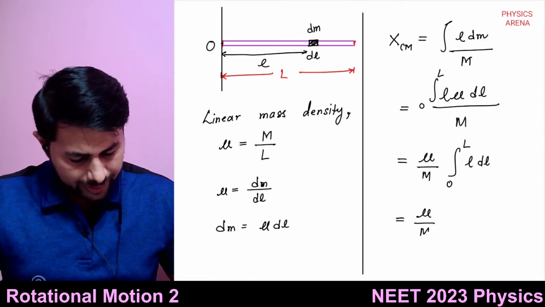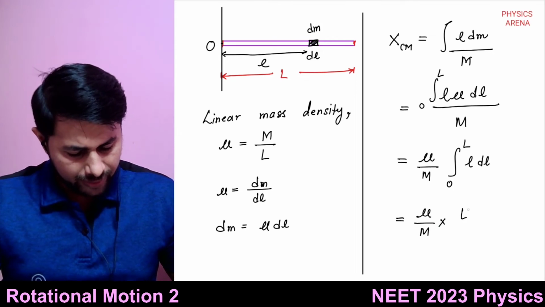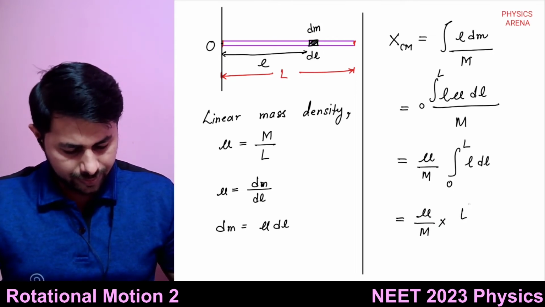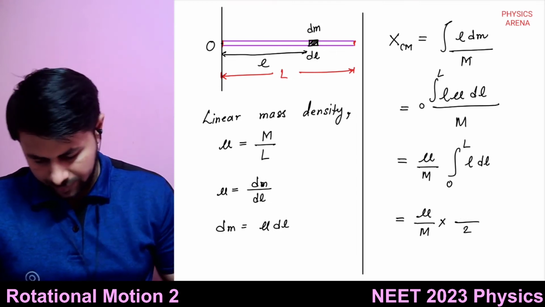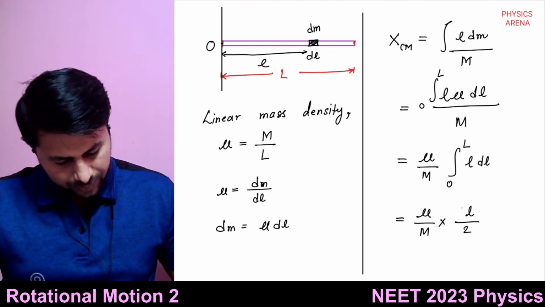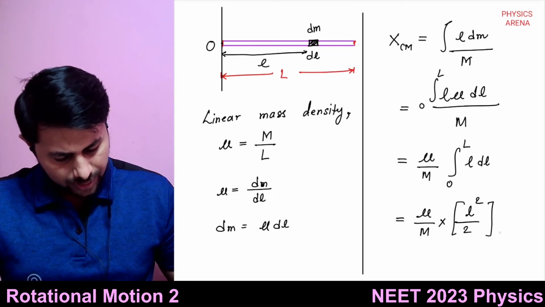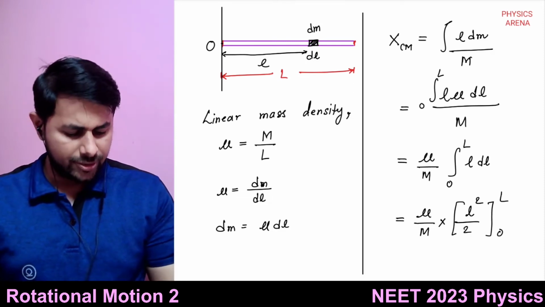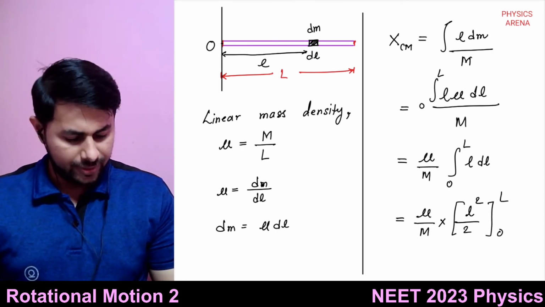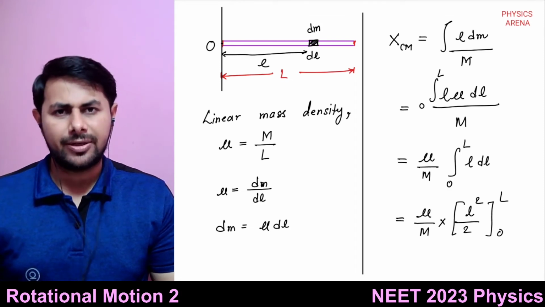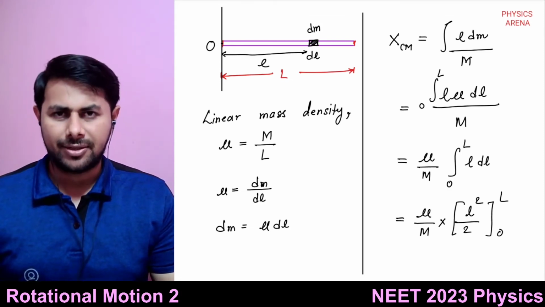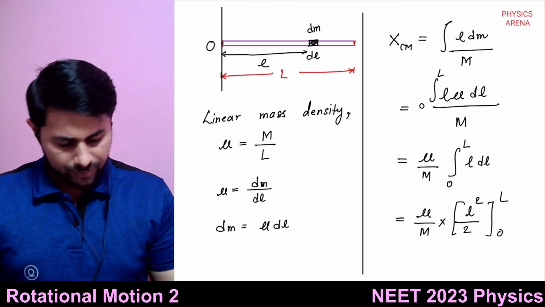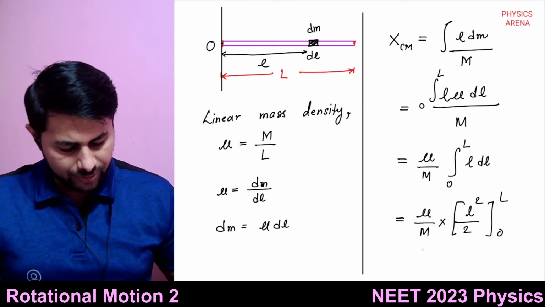So mu upon m multiplied by l square upon 2. This is small l, and the lower limit is 0, upper limit is capital L. So it will be capital L square divided by 2 minus 0, or we can say it's capital L square divided by 2 only.